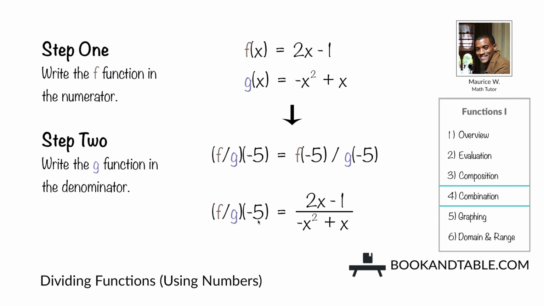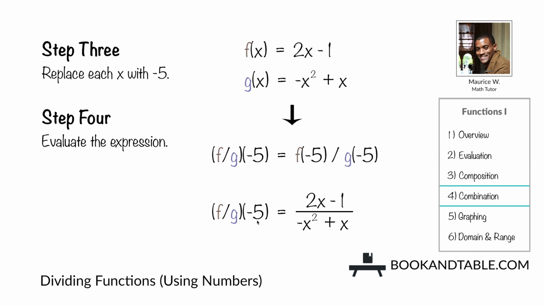But now we're going to replace x with negative 5. So we'll replace this x with negative 5, this x with negative 5, and this x with negative 5. And now we can evaluate the expression to find our answer, giving us 2 times negative 5, which is negative 10 minus 1 in the numerator.